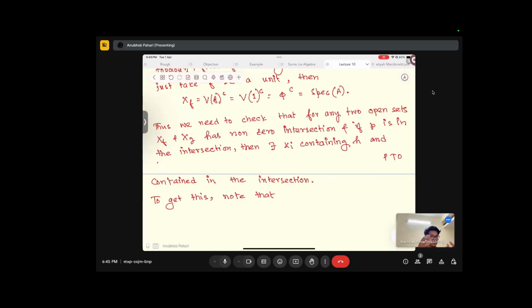That means you know the intersection of any two open sets is open, and we have to show that that open set is also a basic open set.